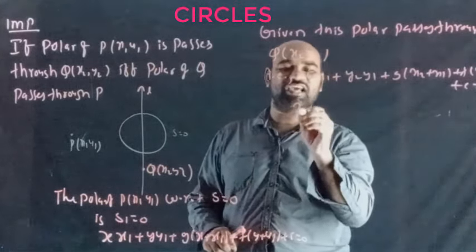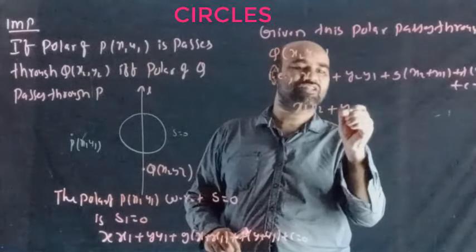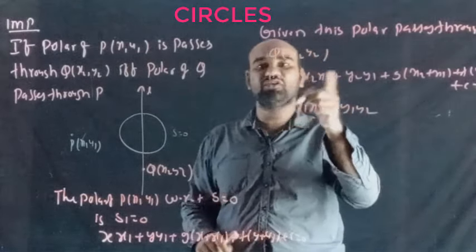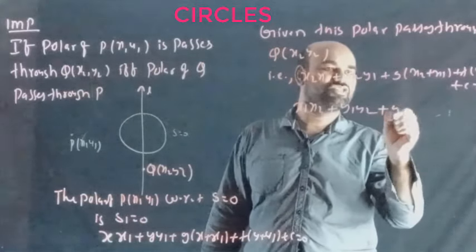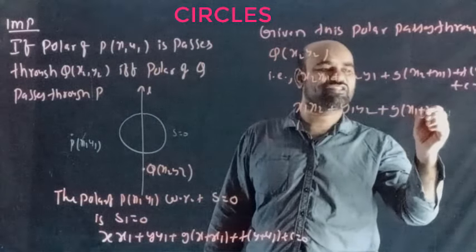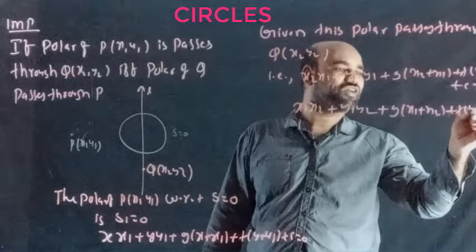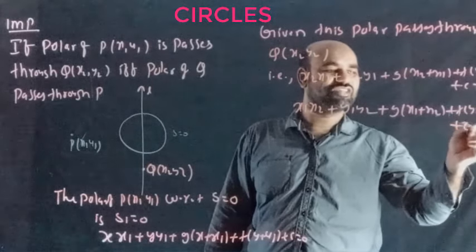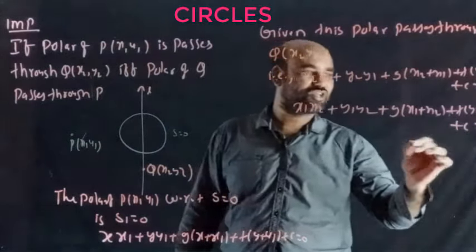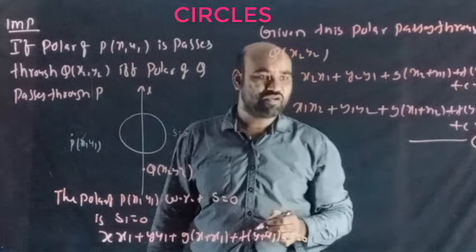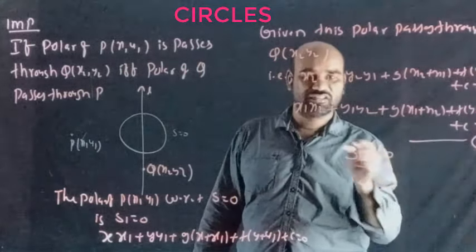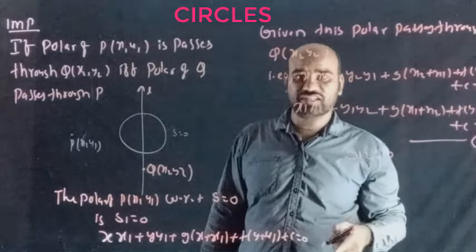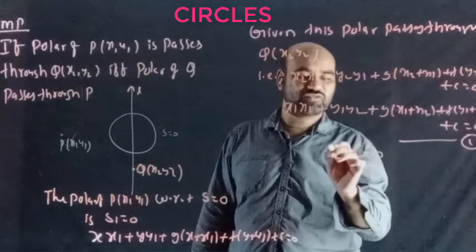This can be rewritten as x1 x2 plus y1 y2, because x2 into x1 is the same as x1 into x2, that is not a big problem, plus g times of (x1 plus x2) plus f times of (y1 plus y2) plus c equal to 0. So this is an important result for us. In standard notation, this is nothing but S12. This LHS part of the equality is S12. So now S12 equal to 0.